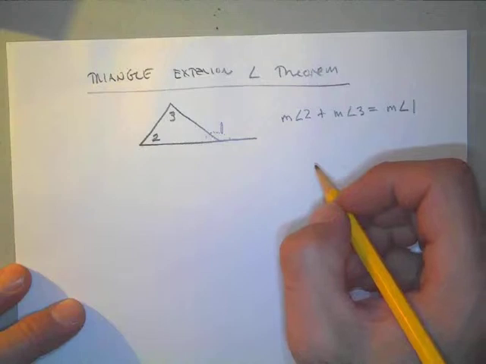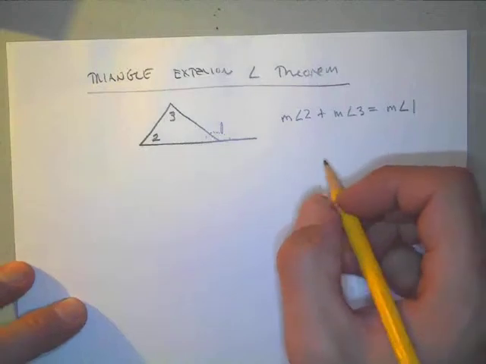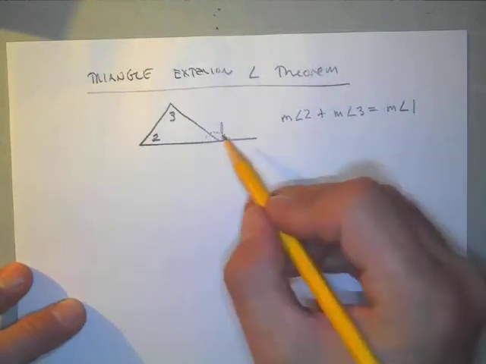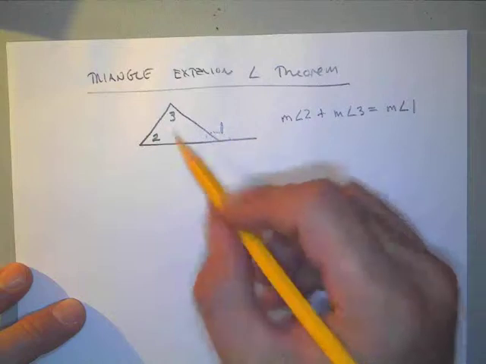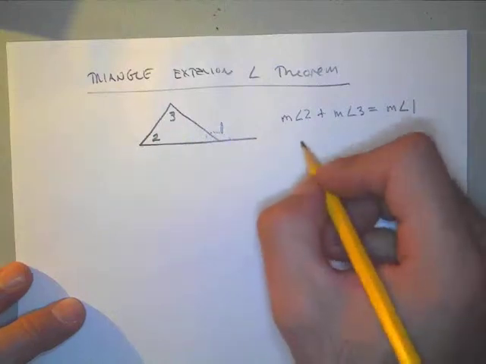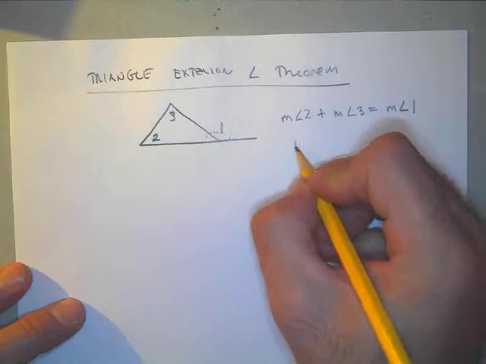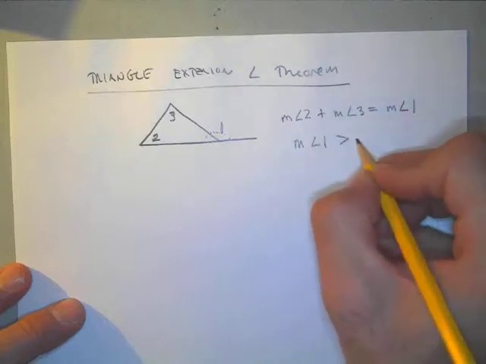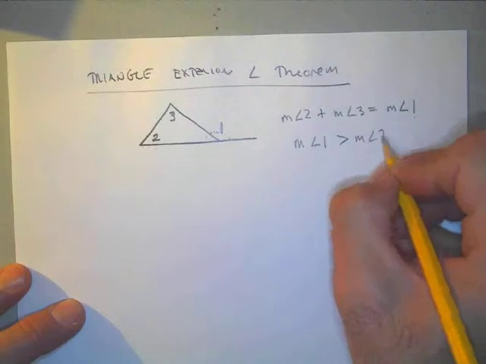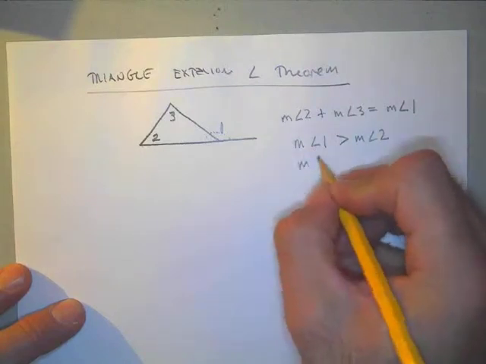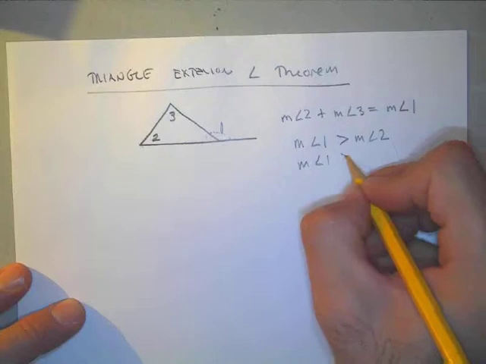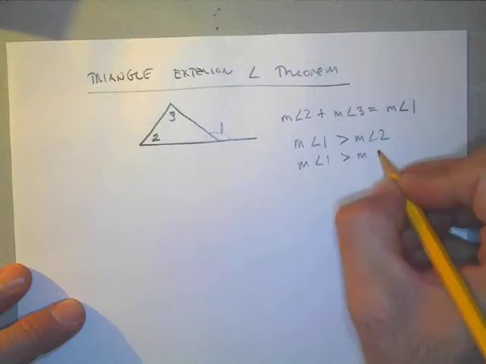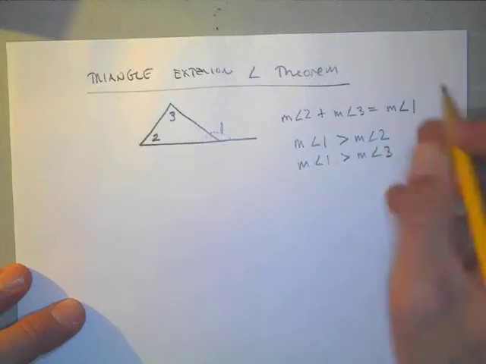And using the comparison property of inequality, because these angles all have to be positive numbers, we know that measure angle 1 has to be bigger than the measure of angle 2, and the measure of angle 1 has to be bigger than the measure of angle 3.